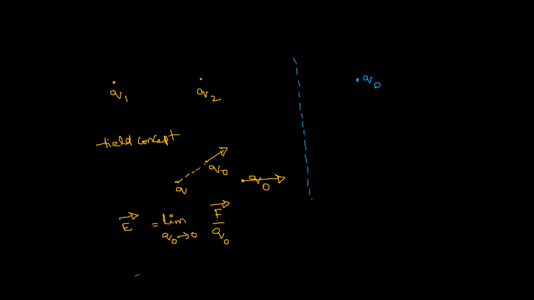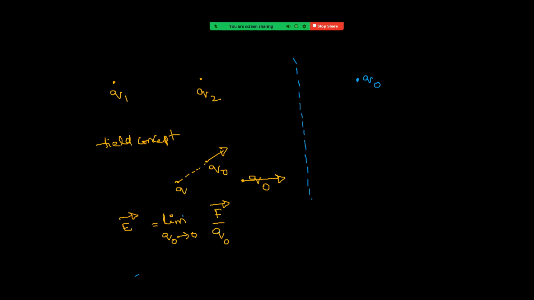For that purpose, we take this charge to be very small. When it is very small, its presence cannot change the existing electric field. That means we can get the strength of the existing field accurately. That is the purpose why we are taking a very small charge. So the strength of the electric field is defined as limit Q naught tends to 0 of F bar by Q naught.